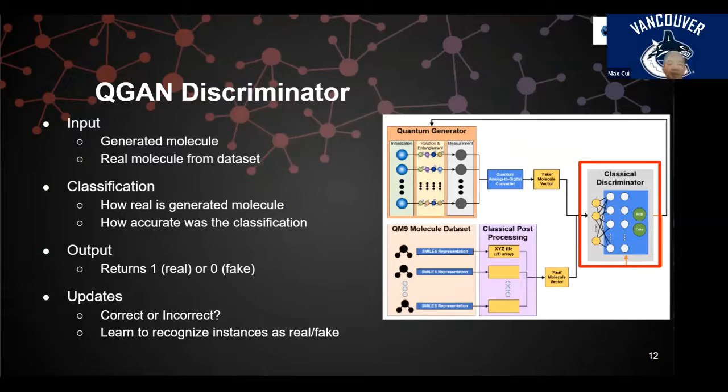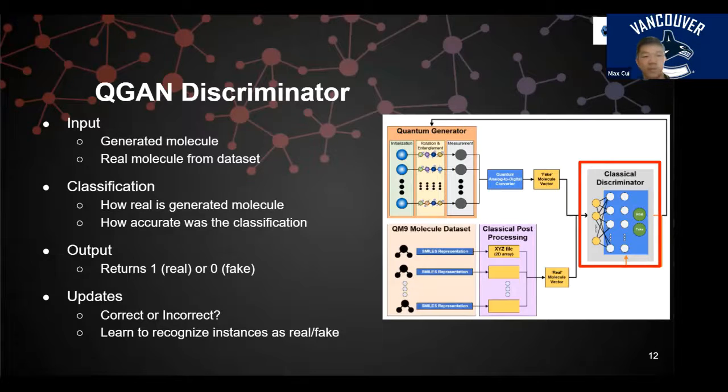Okay, so finally we have the discriminator, which is the critic responsible for updating both itself and the generator as well. First, as input, it trains itself on an example of a real molecule from our data set. So it knows outputs from the generator that don't closely resemble this will be fake, and vice versa. Here we also tell the discriminator the real label of this molecule.